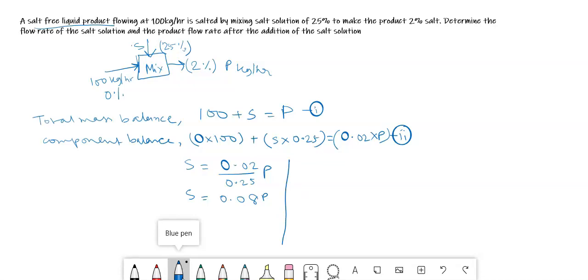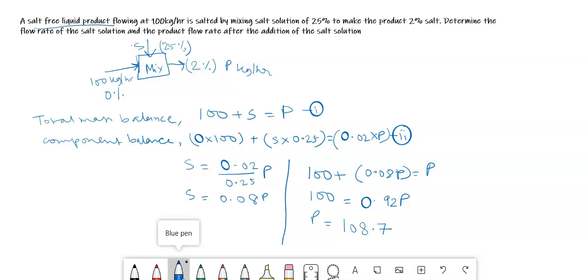Putting the value of S from equation number 2 in equation number 1, 100 plus 0.08 P is equal to P. So 100 is equal to 0.92 P. So P is equal to 108.7.